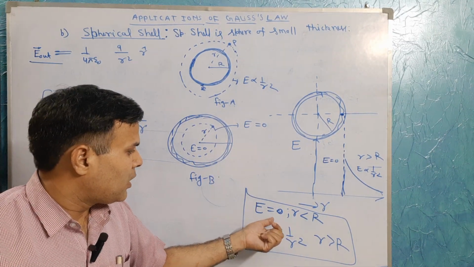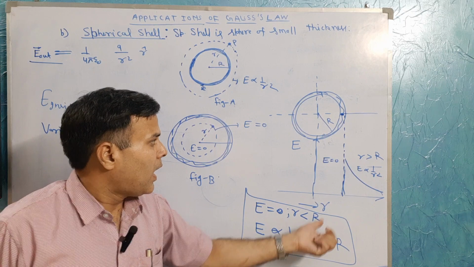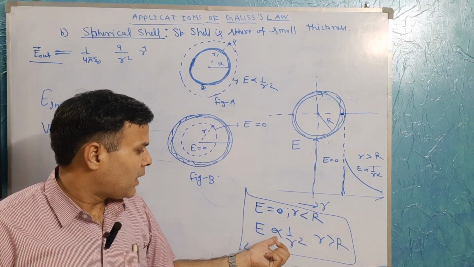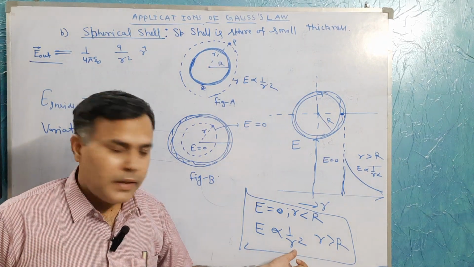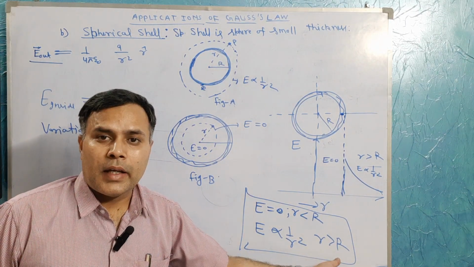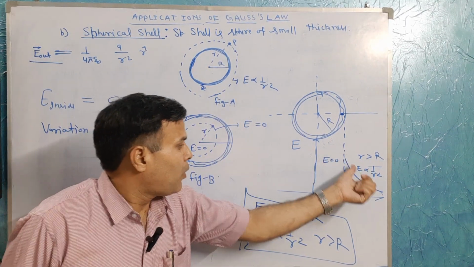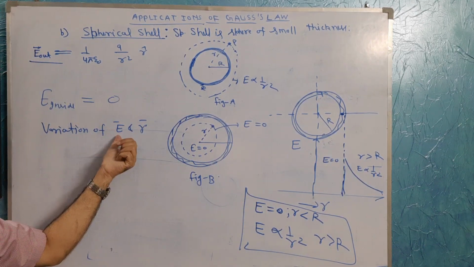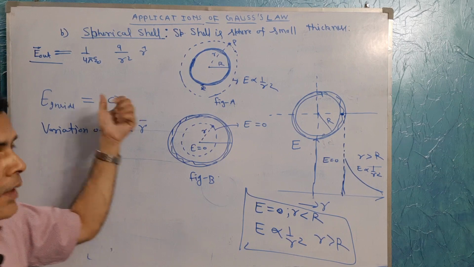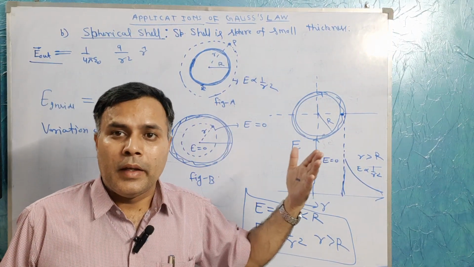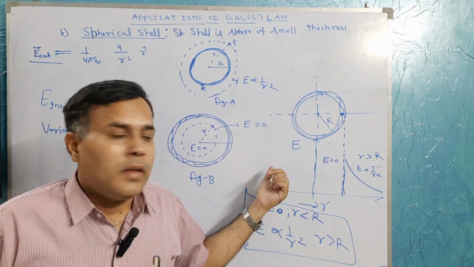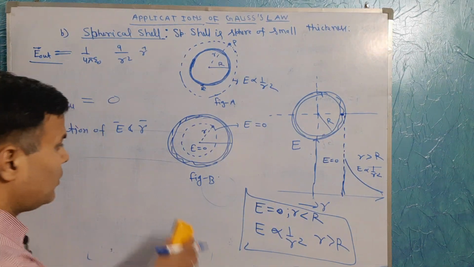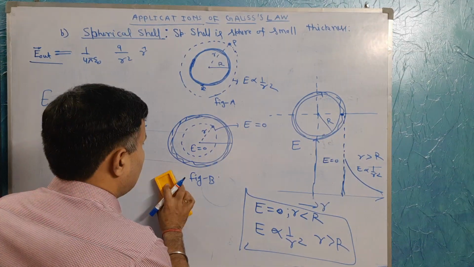So electric field E equals 0 for r less than R, and electric field is directly proportional to 1 by r square for r greater than R. For r greater than R it follows this profile, and for r less than R it is 0. And in the earlier case we had a different profile, for the case of a simply uniformly charged solid sphere.